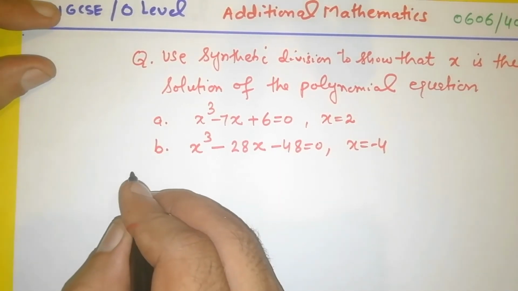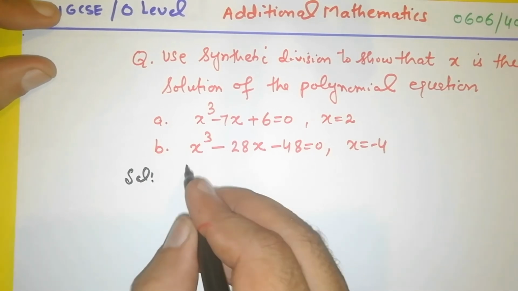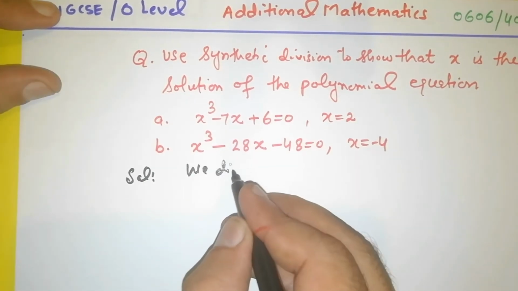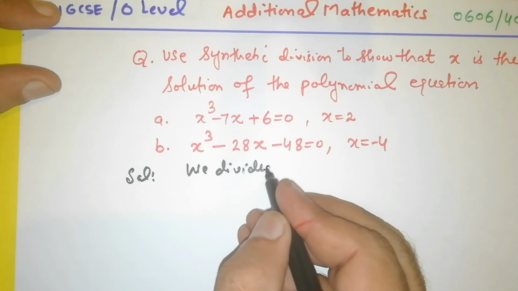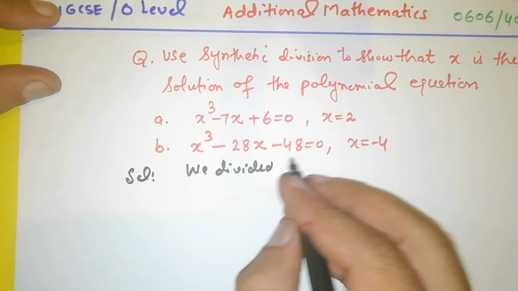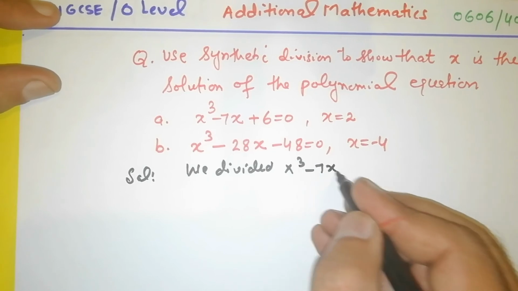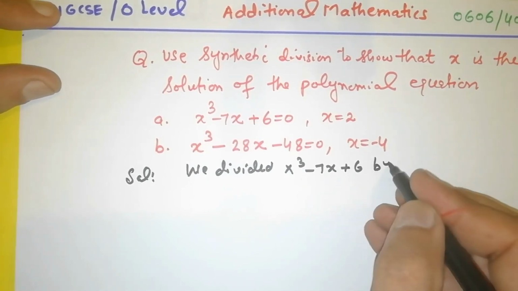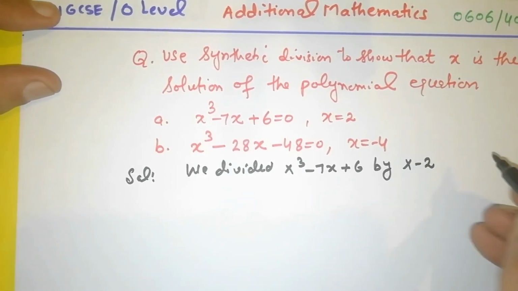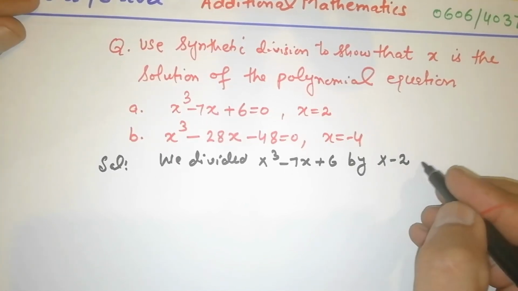So solution: we divide x cube minus 7x plus 6 by x minus 2 synthetically.